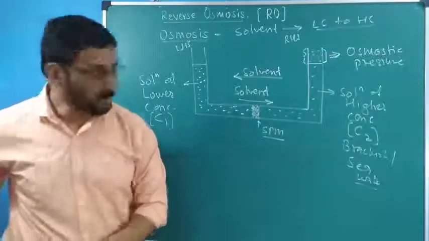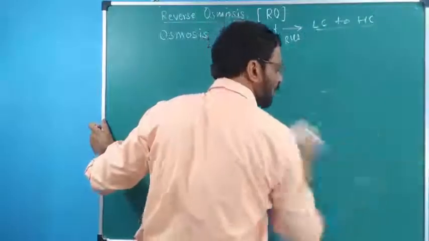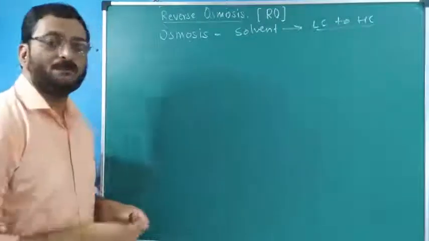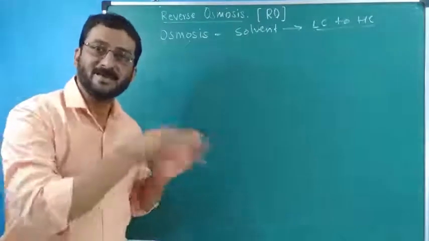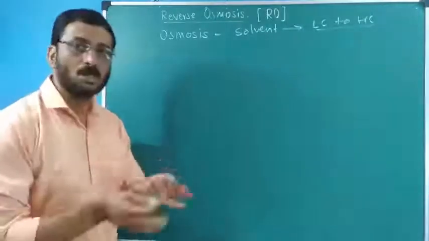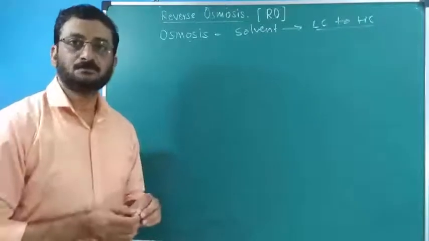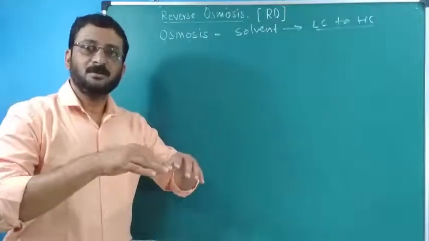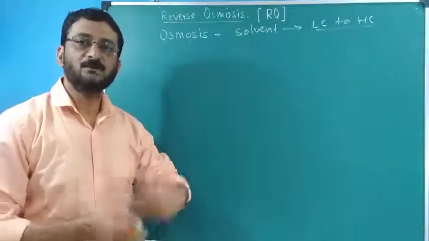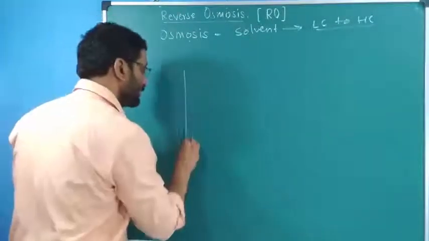That is called reverse osmosis. So in reverse osmosis, to separate pure water, we apply pressure on the higher concentrated solution, or raw water or sea water, above the osmotic pressure, so that solvent will flow from the solution of higher concentration to lower concentration.